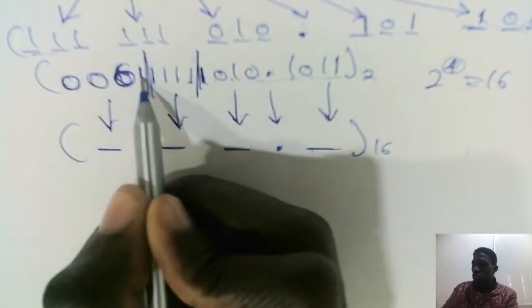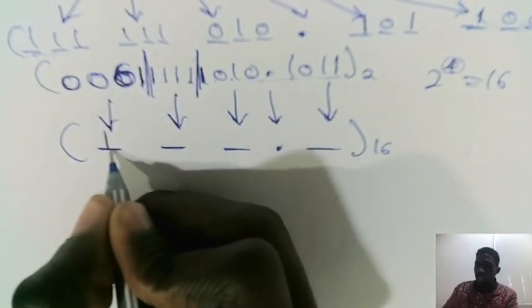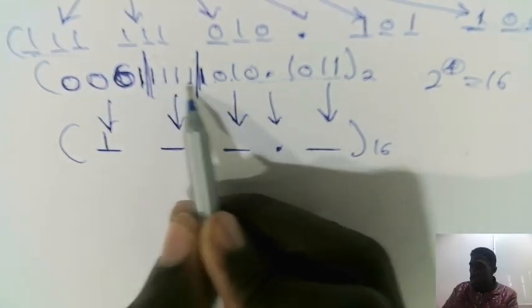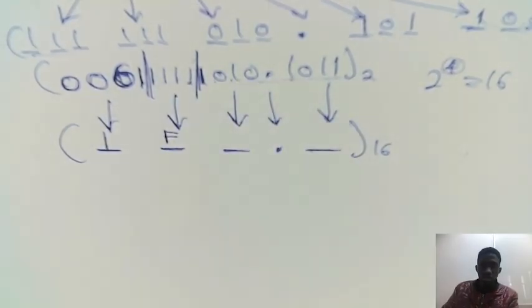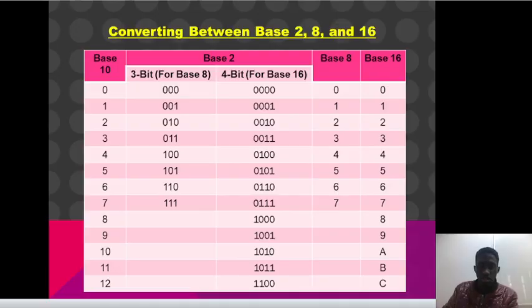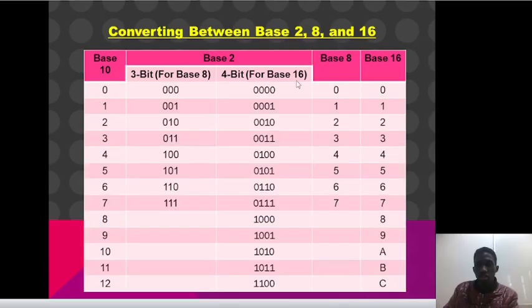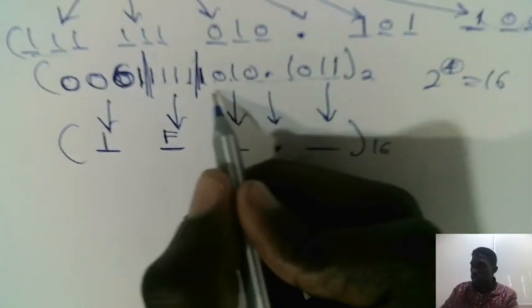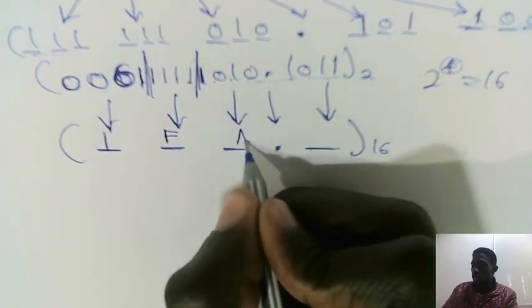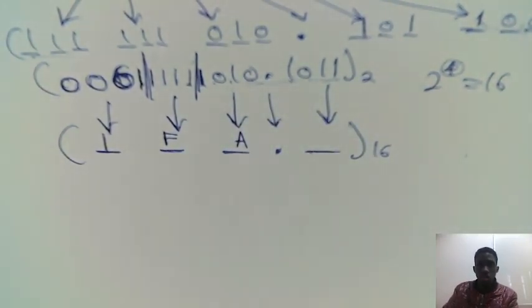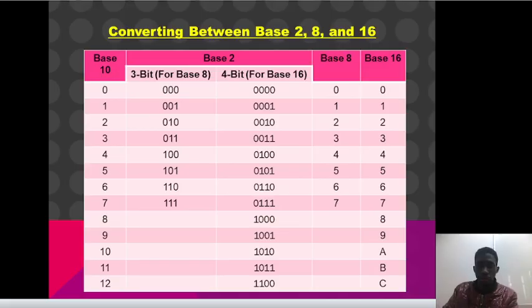So 0001, if you have guessed, is 1 in base 16. 1111 is F. We can verify that 1111 is F, and 0001 is 1 in base 16. We have 1010, that should be A. We can verify. 1010 is A in base 16.